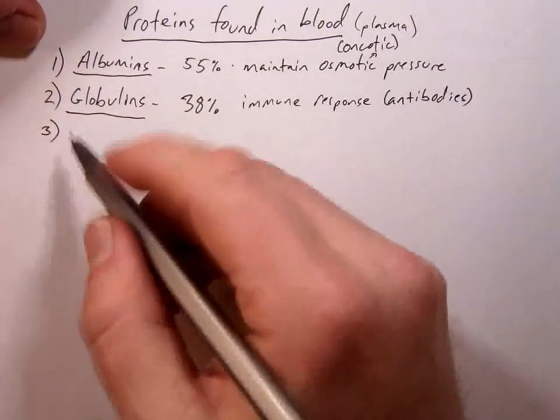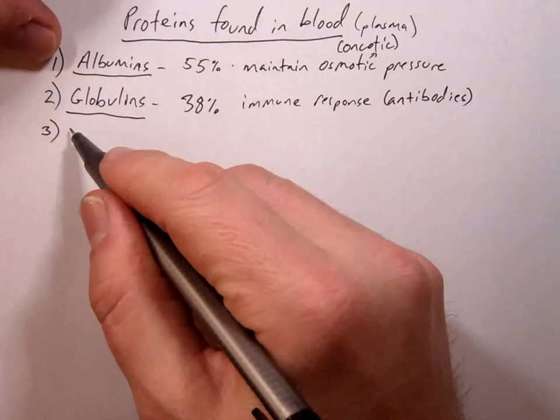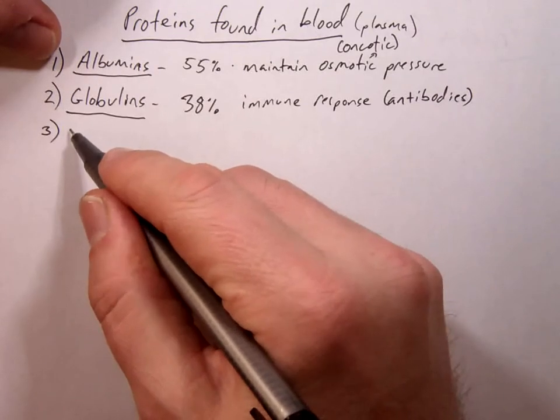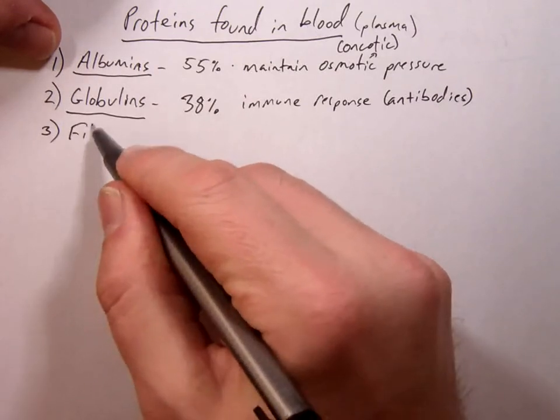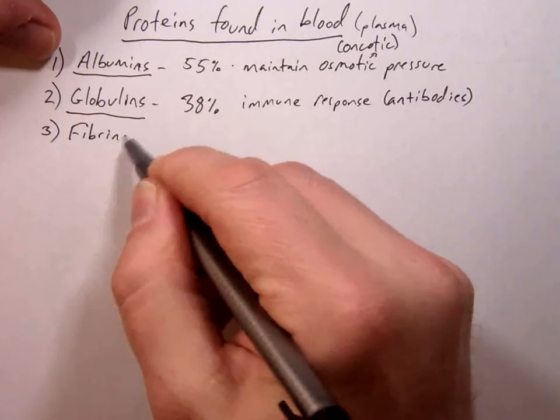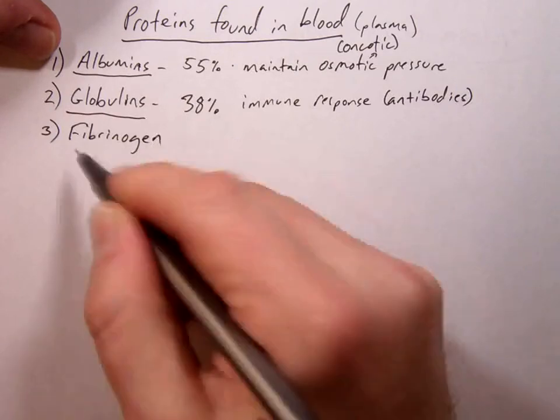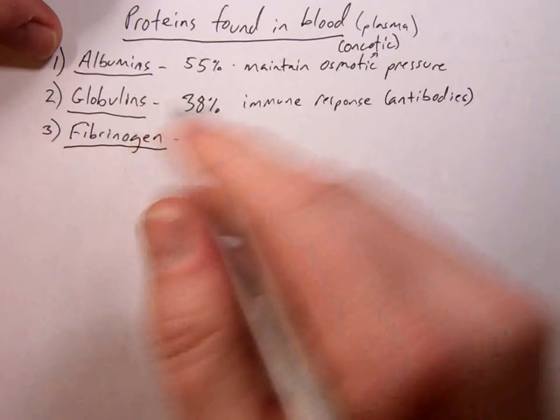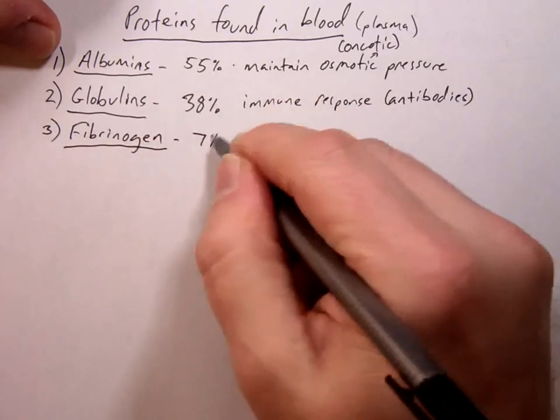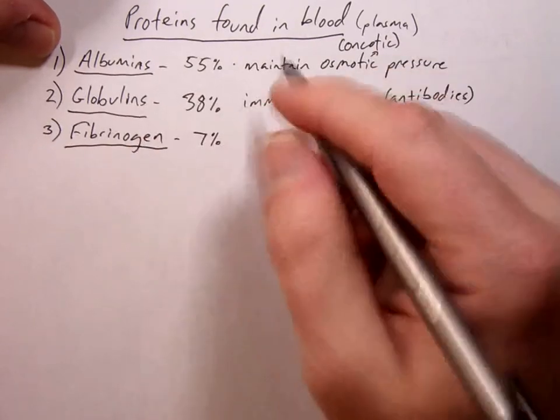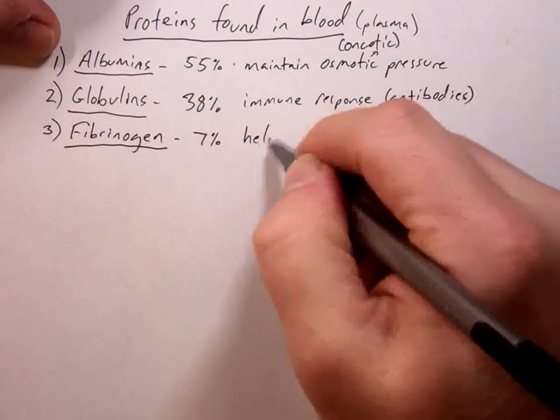The next one, which makes up the third largest component, is something called fibrinogen. Fibrinogen makes up about 7%, ironically, of the 7%. And this helps with clotting.